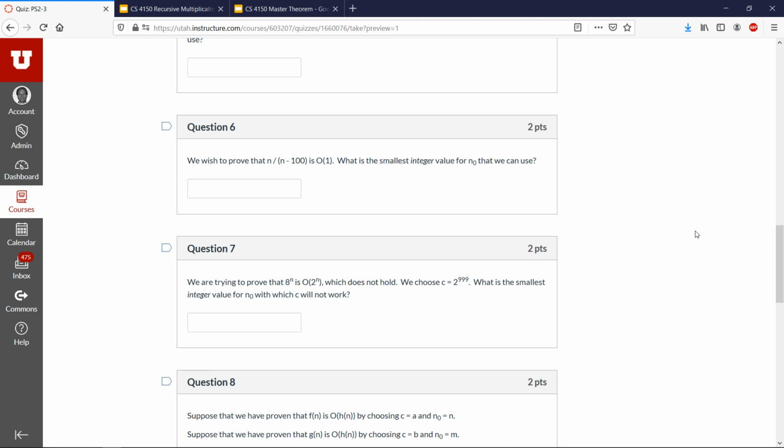Yeah. You're allowed to use any C you want, but in a way that lets you use the smallest possible n null. You can't, well, let me change my answer. You can't pick a C. You need to find the smallest n null such that there's some C that'll work. So another way to think about it is there are lots of pairs of n null and C that will let you do the proof. Of all those pairs, what's the smallest n null that shows up? Okay.